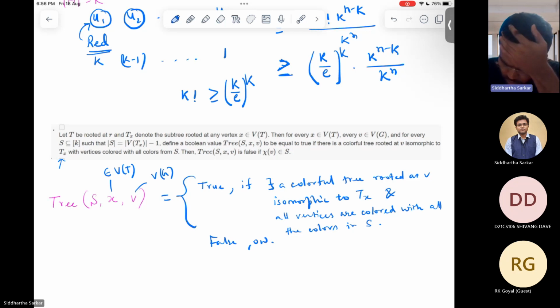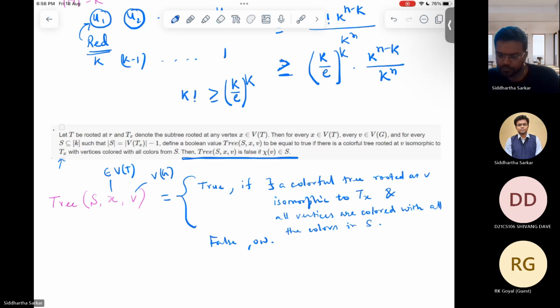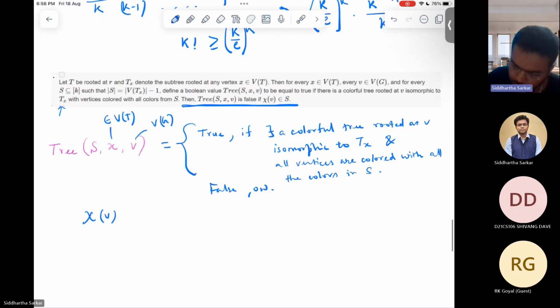So now we are interested in deciding whether this statement is true or false. So what is this statement saying? Let me draw an example graph.